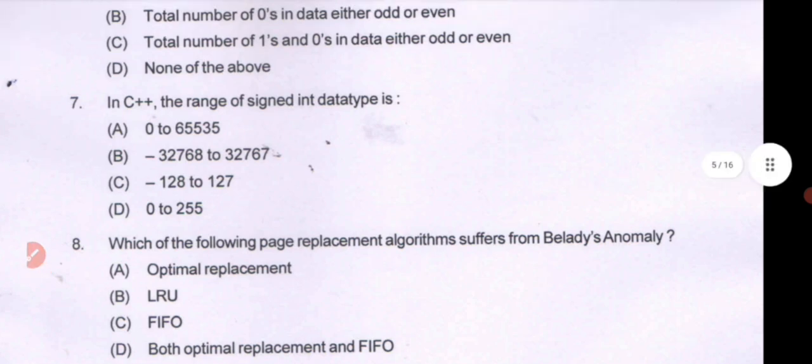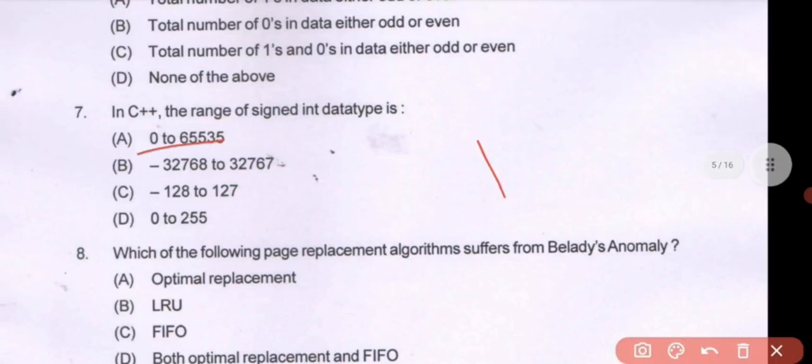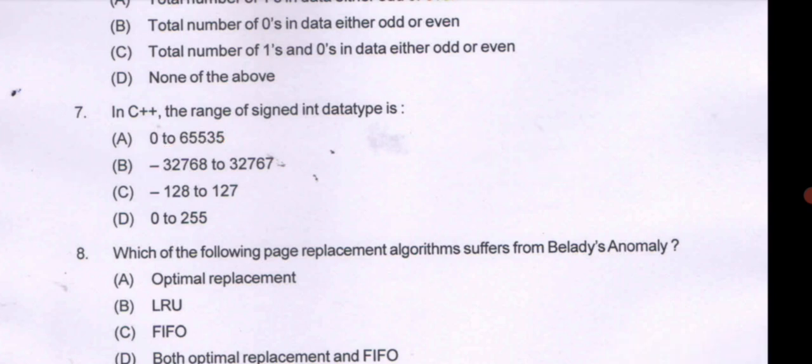The range of signed integer in C++ depends on the specific implementation, but it's typically 16 bit, allowing values from -32768 to 32767.